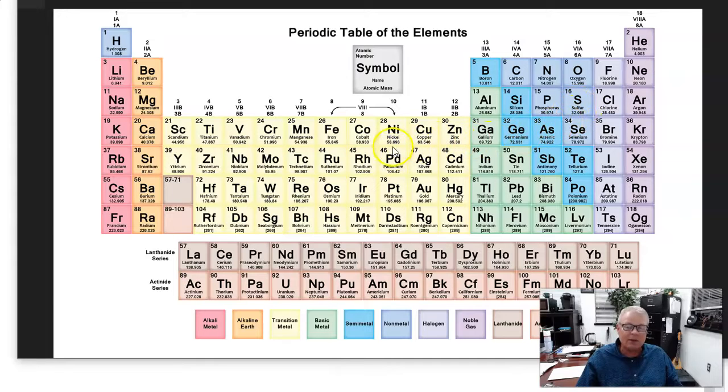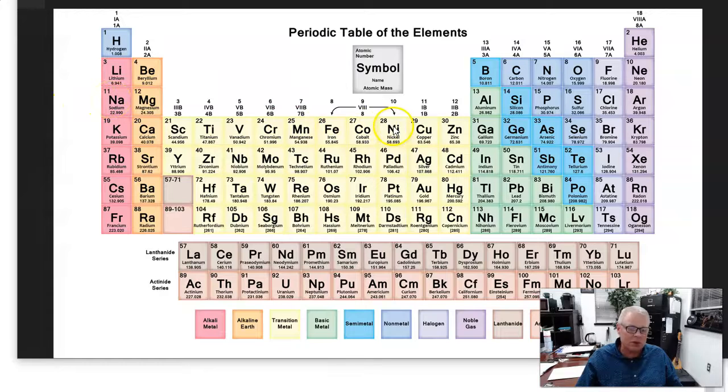Then I've got nickel and I've got sodium. And this one's a little tougher. Nickel is one down, but it's quite a bit further over to the right. So I would probably go with nickel for the next largest. Here's sodium. It's really far up, but it's also very far over here to the left. So it's probably the next largest.